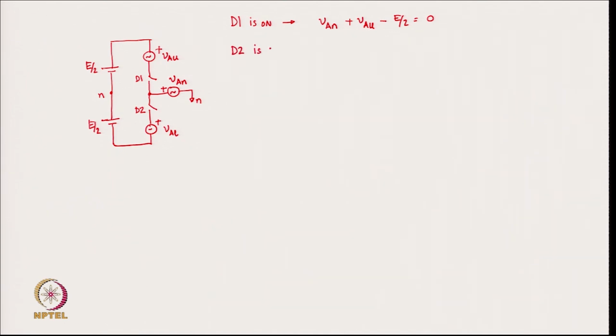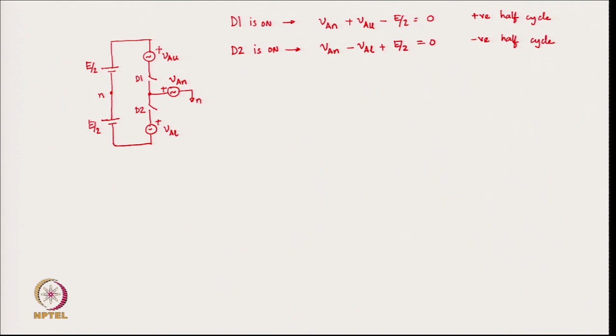Now, in the next portion D2 is on, the next half cycle. This is the positive half cycle of the AC waveform, and this is the negative half cycle of the AC waveform. And during this time D2 is on, and so the equation is VAN minus VAL plus E by 2 is equal to 0.